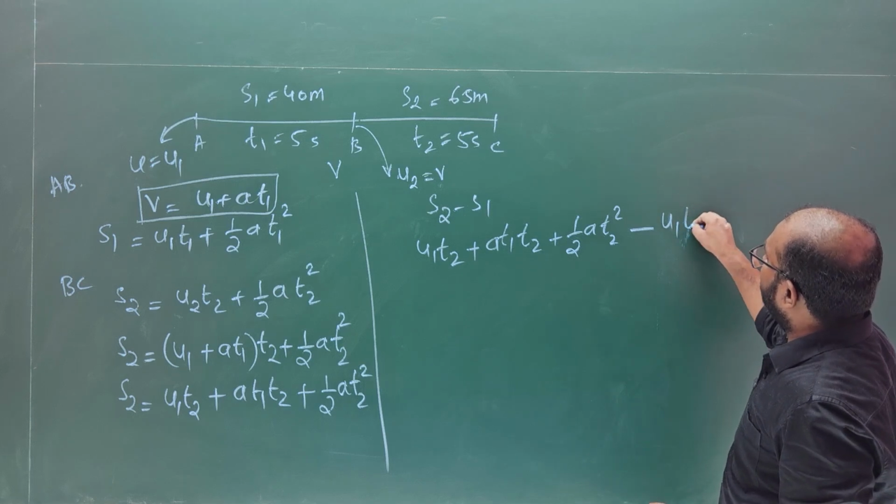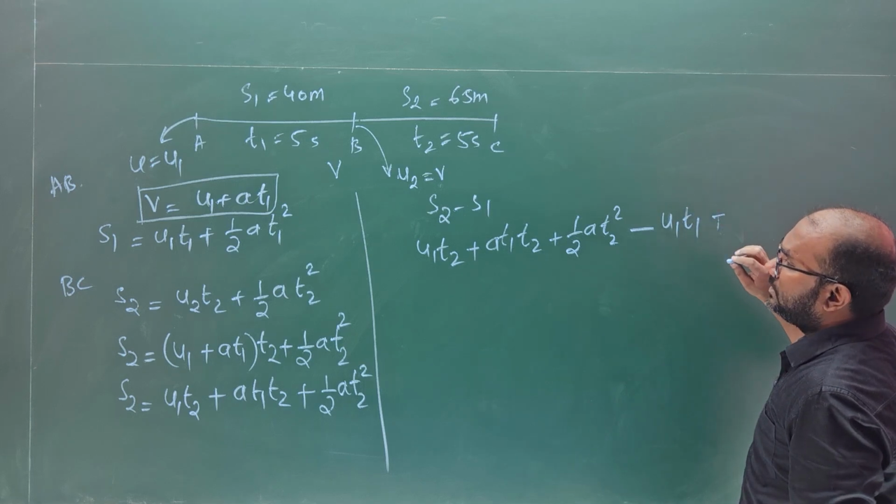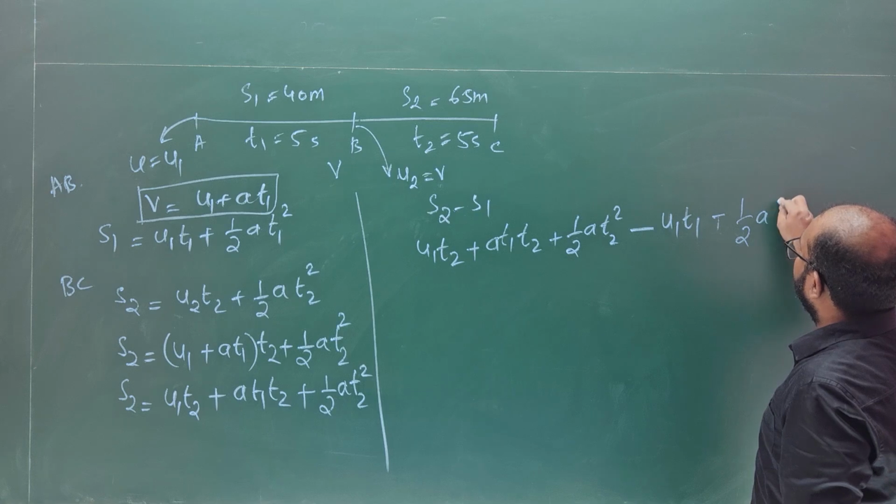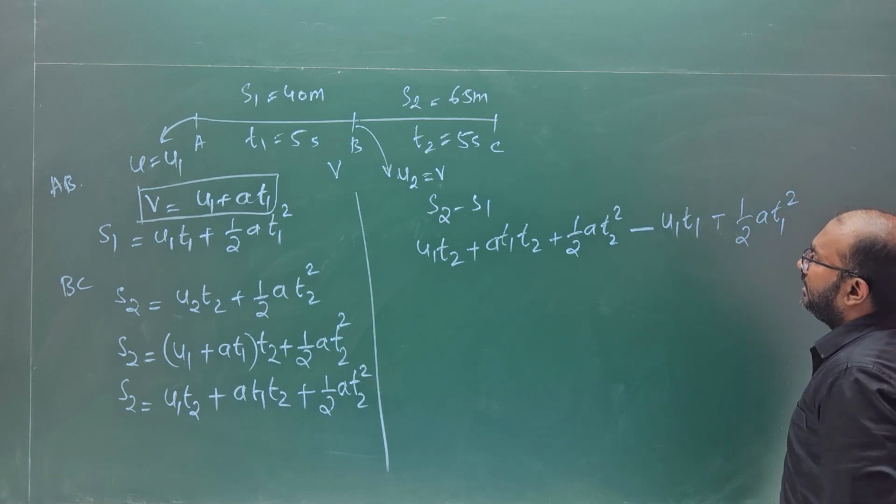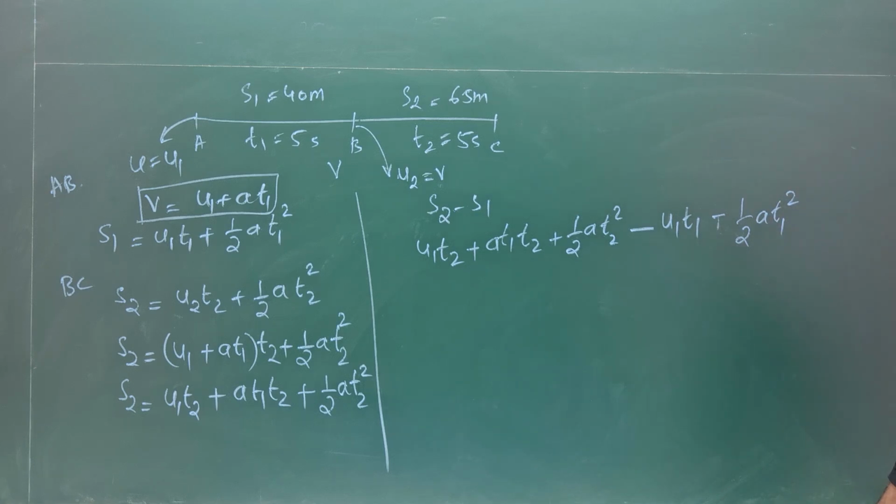S1 is U1 T1 plus half of A T1 square. Anything can be cancelled out by substituting the values. Let us see now.